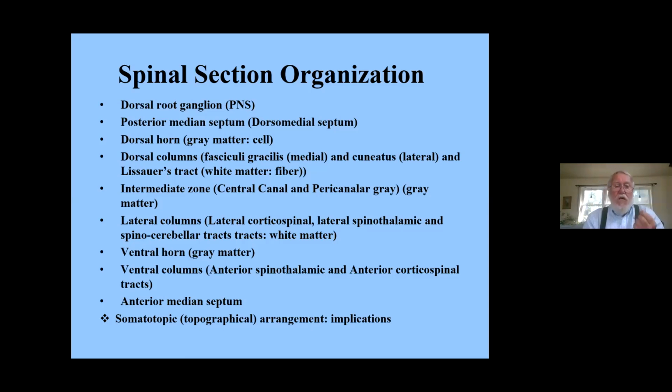So the dorsal horn itself has gray matter cells, and of course it will then have axons that'll go elsewhere, and we'll talk about them.